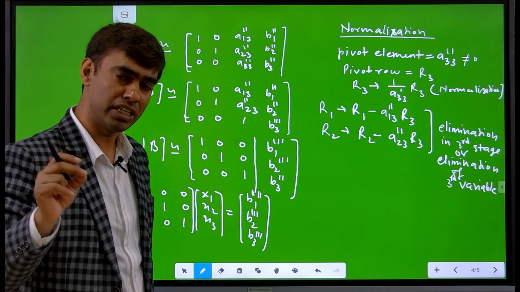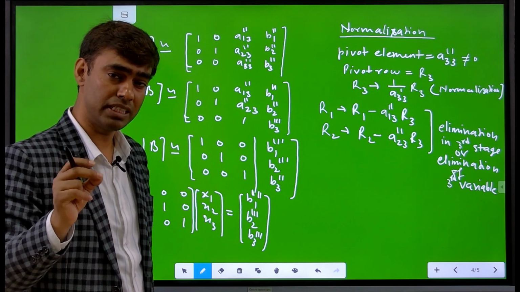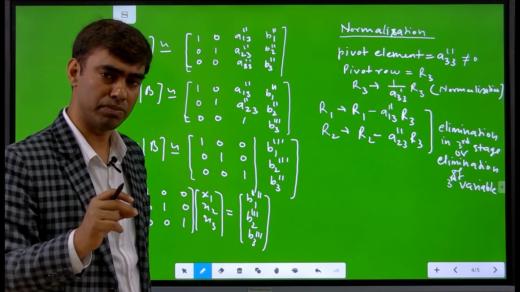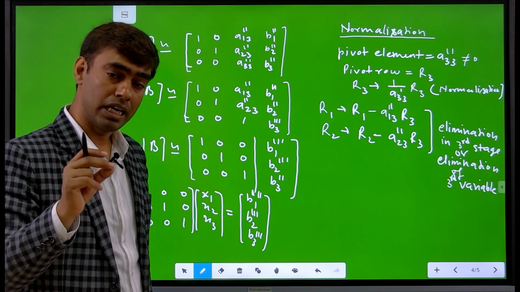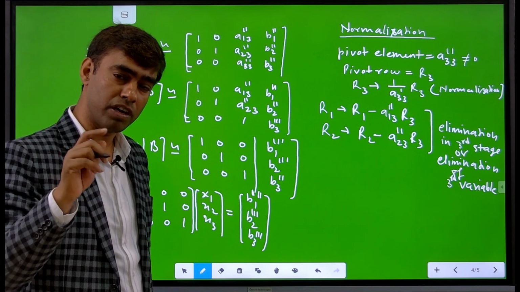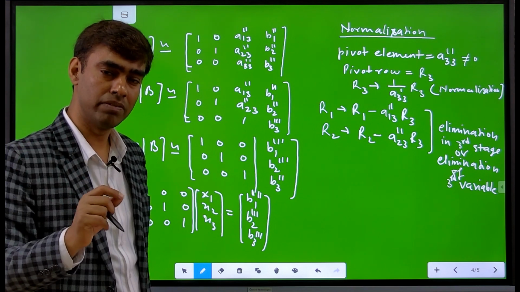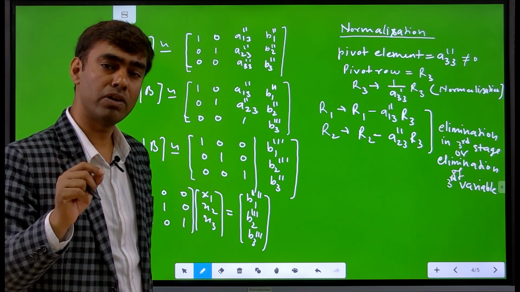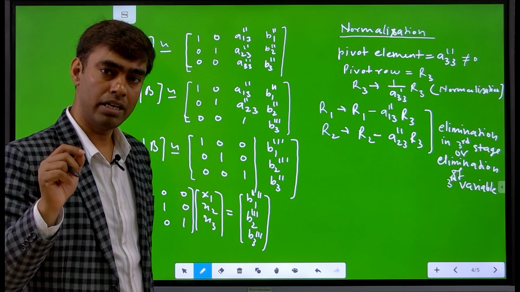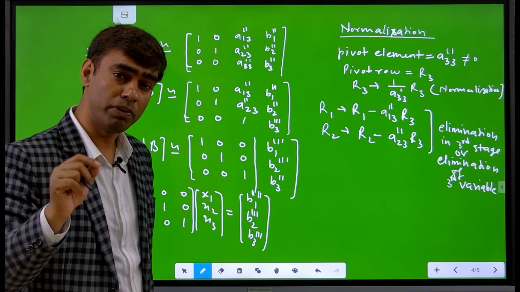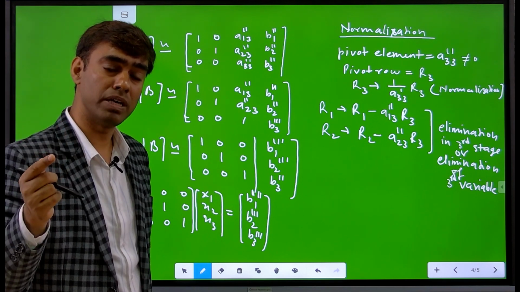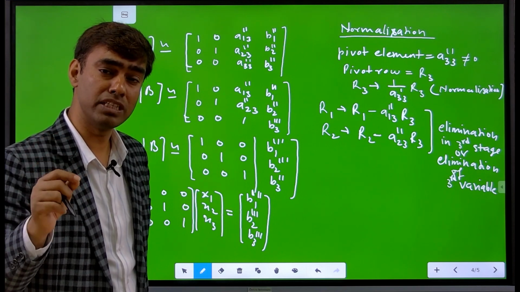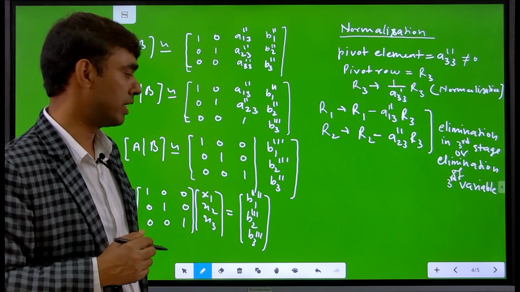But as we said earlier, the Gauss-Jordan method is a modified version of the Gauss elimination method. The Gauss elimination method has two steps, forward elimination and backward substitution. But in the Gauss-Jordan method, there is only forward elimination, converting the coefficient matrix into a diagonal matrix, whereas in Gauss elimination we convert it into an upper triangular matrix.